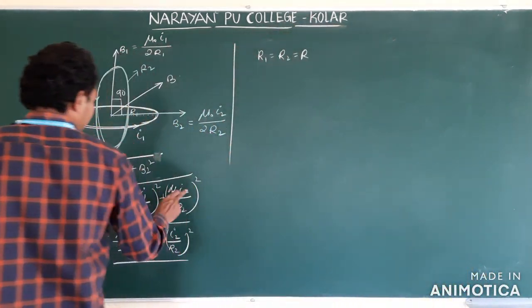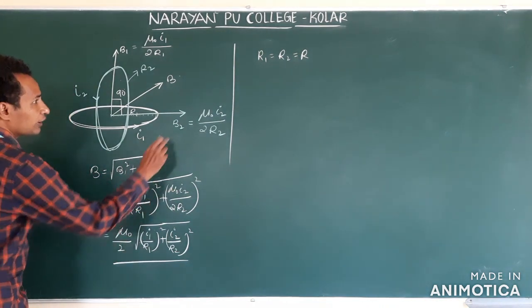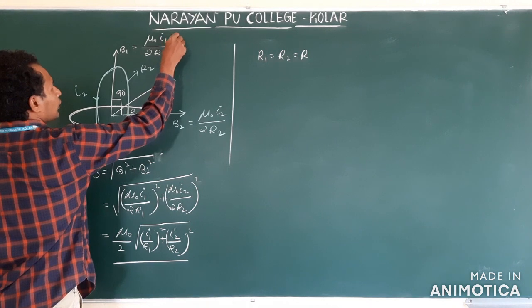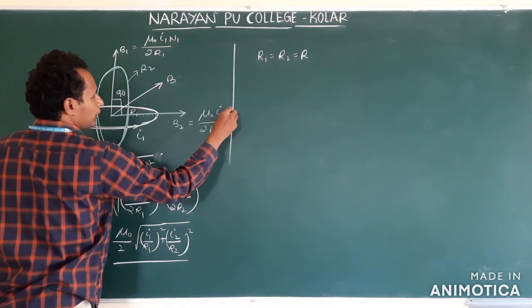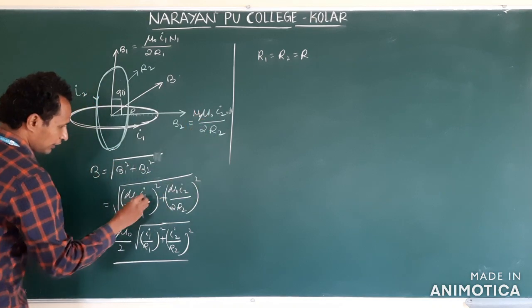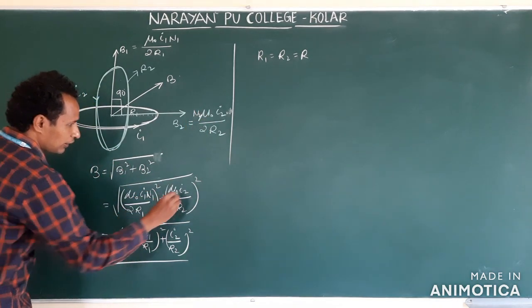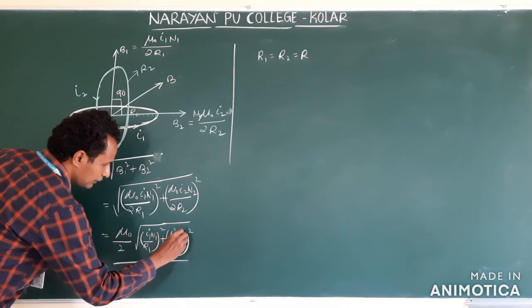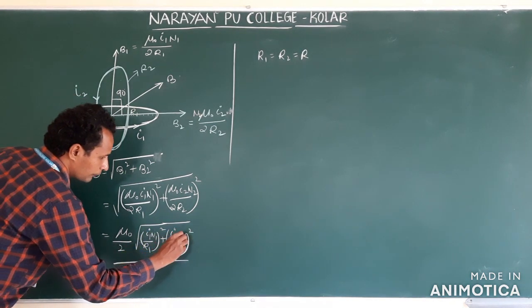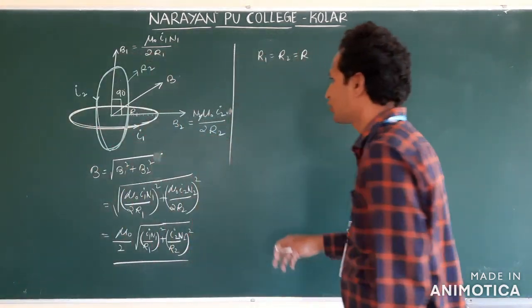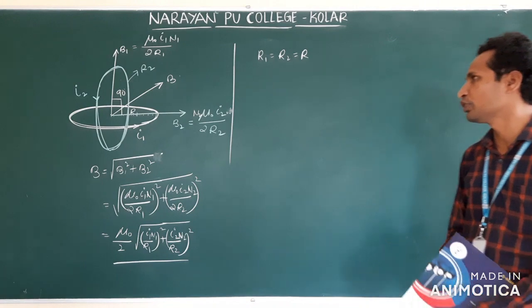If we take number of turns into consideration, this will become N1 and this will become N2. Before I wrote only for a single loop, but if number of turns is there, N1 and N2 come into play.